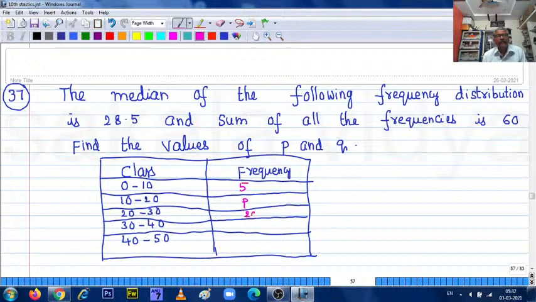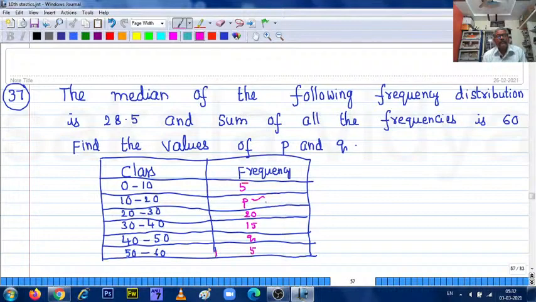This is 20, next 15, and 50 to 60 is also there. 15, next Q, this is unknown, and 5.